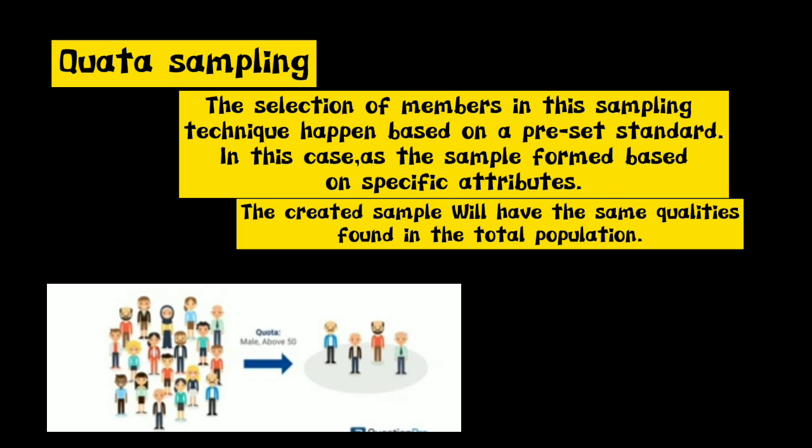For example, pwede nating i-divide ang isang population in terms of place, education level, income at iba pa. Ngayon, ang population natin ay ating i-divide into groups at ang mga sample ay kukunin natin sa bawat group para ma-meet natin ang quota.